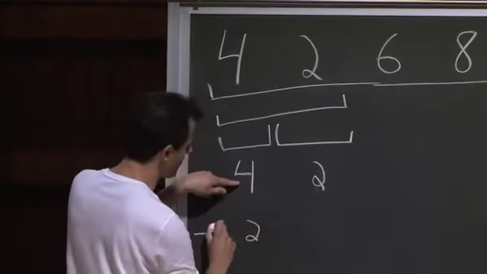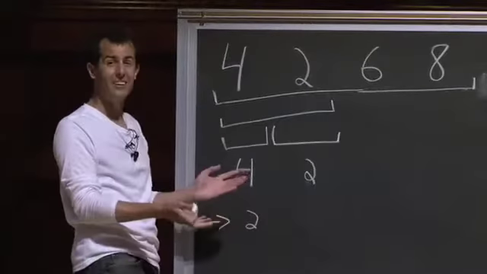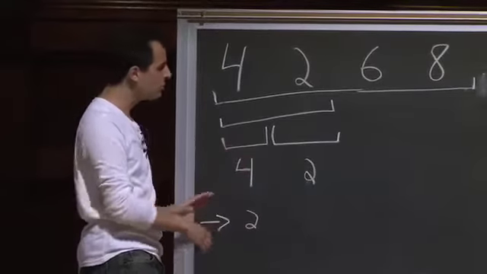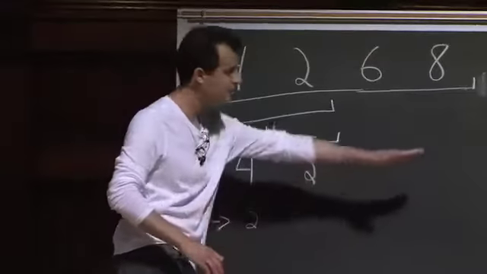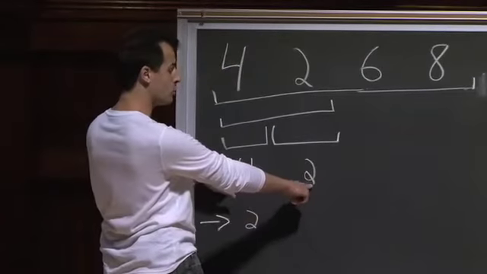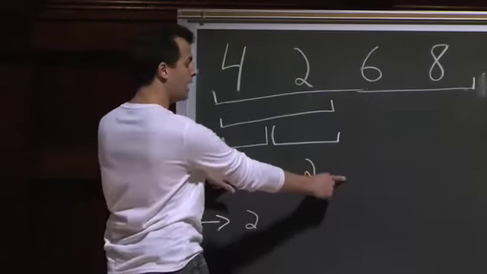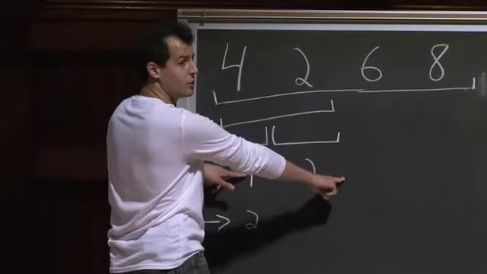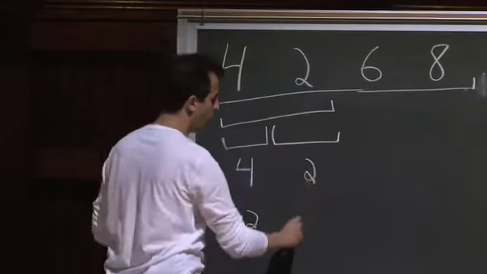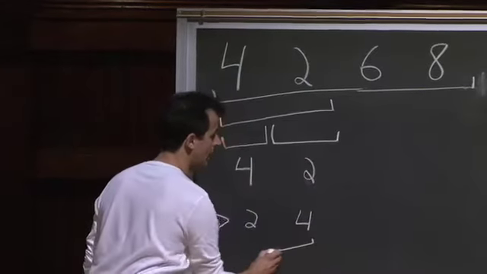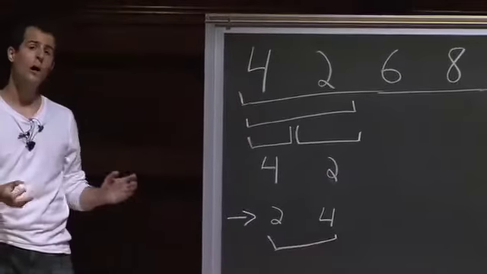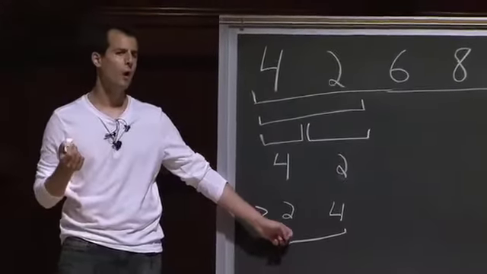So I'm going to make some extra space here. In reality, I need extra memory for merge sort. So I'm just going to give myself an extra array, some blank space that I can start writing on. So here's 2 lists. I've already plucked off the 2. I advance to the next element in the list. There's nothing there. So who comes next? 4. So now I'm at this point in the story, and I have a list of size 2 that's been sorted. Where did we leave off in the story now?